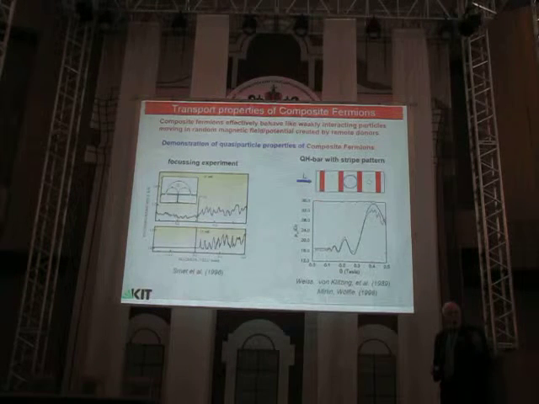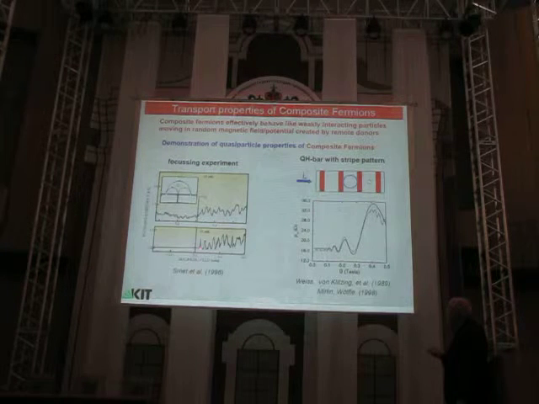Then below half filling you would get some pattern, which is shown here: peaks, because you get a peak whenever the cyclotron radius matches. This is the first peak, this is the second peak, this is the third peak, and so on. And now, for the composite fermions, this is done as a function of the effective field. You get a very similar peak structure, with exactly the periodicity that you get down here.